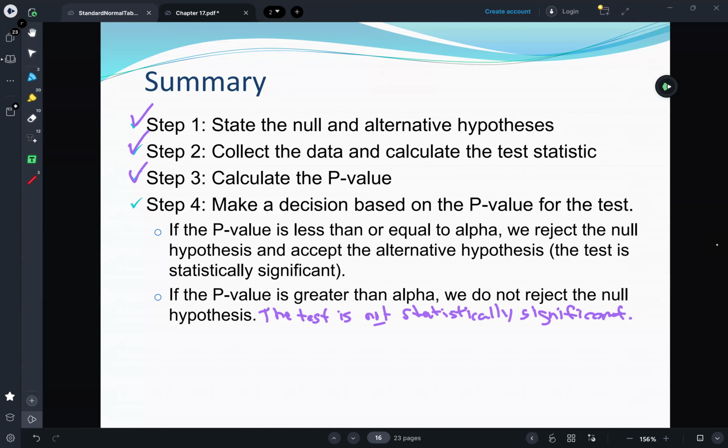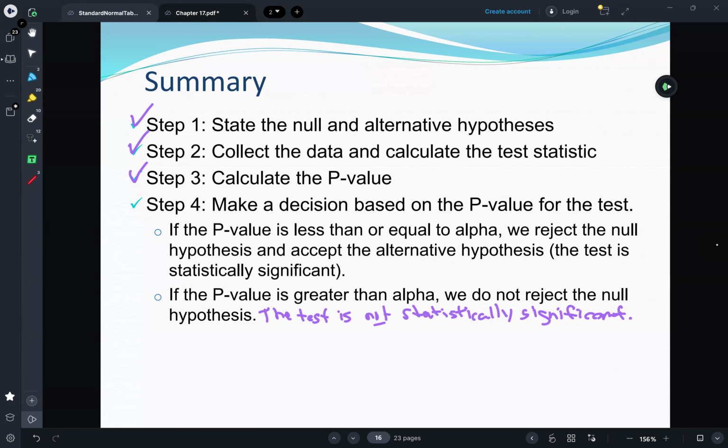So there's only one of 2 ways that you will conclude this test. The test is either statistically significant or it's not. If it is statistically significant, it means you rejected the null hypothesis based on the p-value and the alpha comparison.